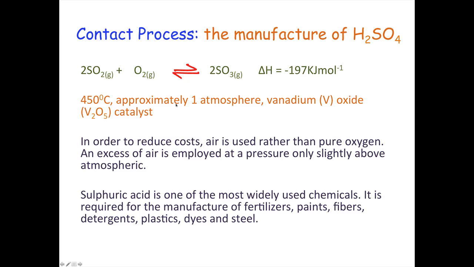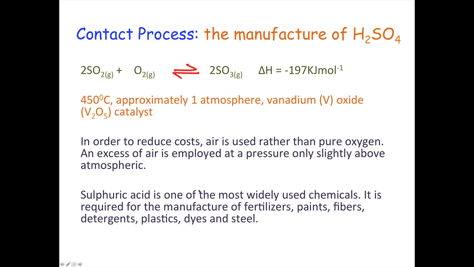Now, something in addition: you see that we are using oxygen. In order to reduce costs, normal air is used rather than pure oxygen, because that's expensive, while air, at least for now, is free. An excess of air is employed at a pressure only slightly above atmospheric, and it tends to push this reaction in the forward direction where sulfur trioxide is being produced.